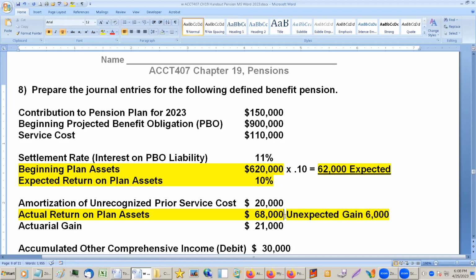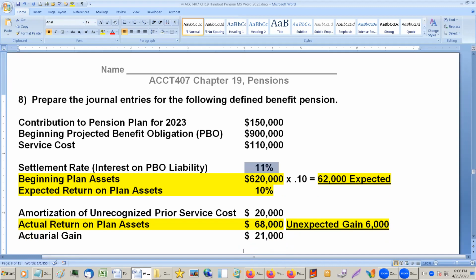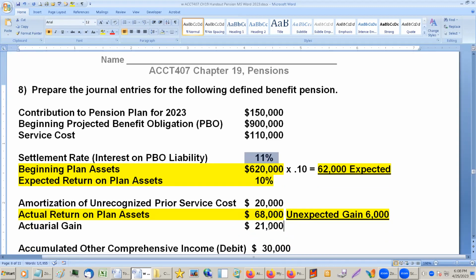We have an actuarial gain of 21,000. This usually happens when the settlement rate changes. The settlement rate changes, we have an actuarial gain. And I think I told you guys this, you know this stuff from actuaries.